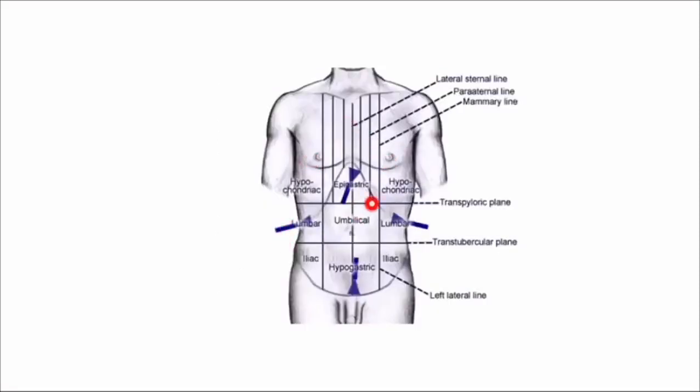So this is a schematic diagram of how the procedure is performed. The probe is placed in 4 areas of the abdomen: the right upper quadrant, left upper quadrant, subxiphoid region, and the pelvic region.